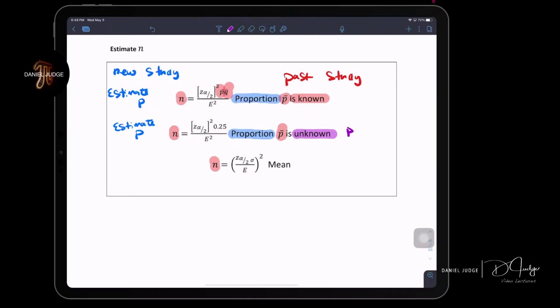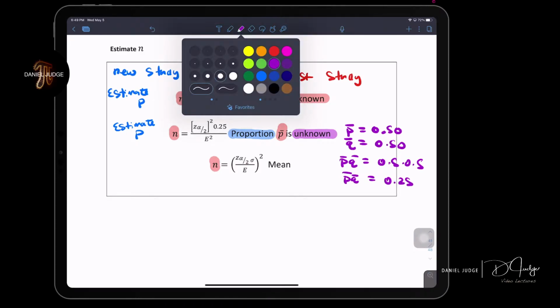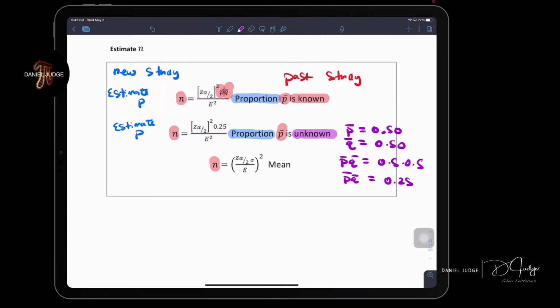You assume p hat is 50% or 0.5, which means the complement is also 0.5, so the product is 0.5 times 0.5, which turns out to be 0.25. So there's the 0.25 here, when the sample proportion is unknown.